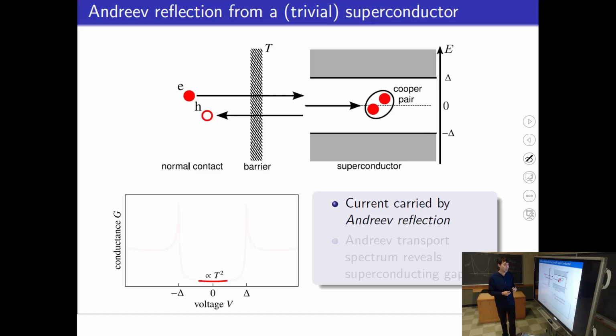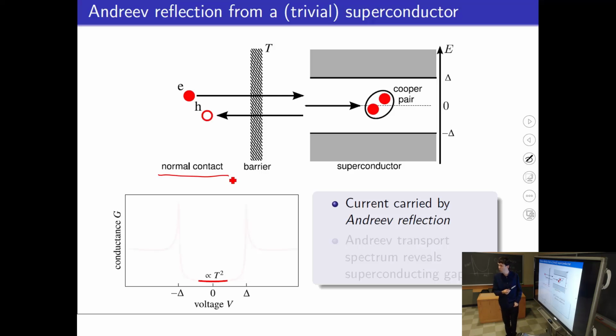So by a process known as Andreev reflection. Andreev reflection is a manifestation of this particle-hole symmetry that we already talked about. And it's a way to pass a current between a normal conductor, a normal contact, meaning a metal, not a superconductor, and a superconductor.